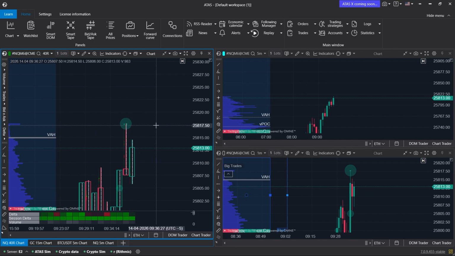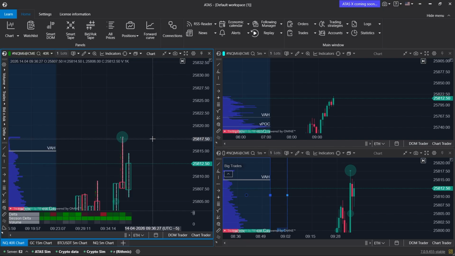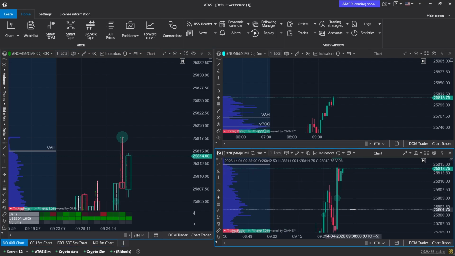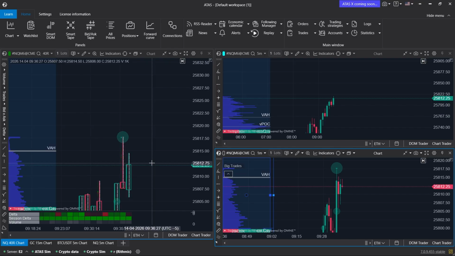And also, if my SL is hit, I'll be adding a position. I'll just buy. But that is my current bias. My SL would be this handle or below the structure.